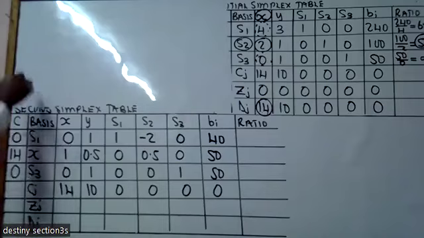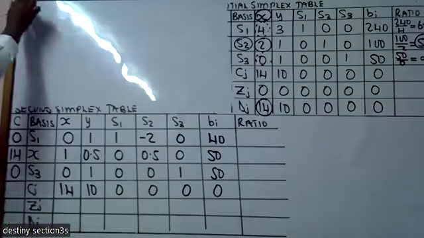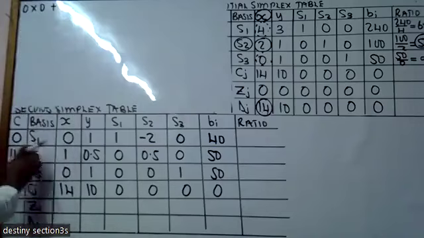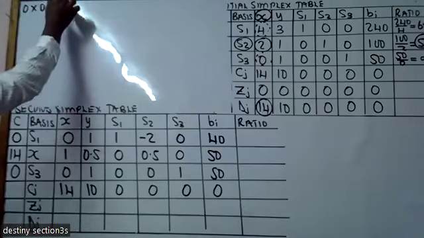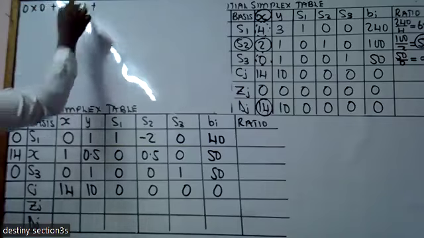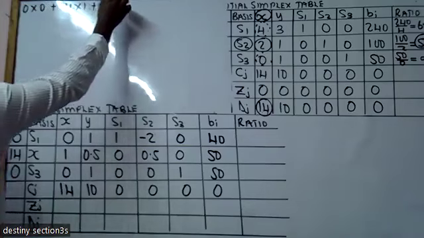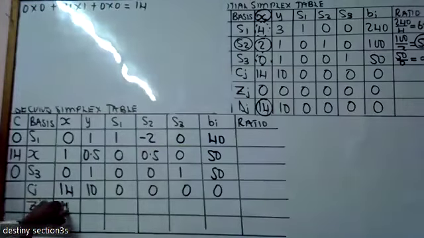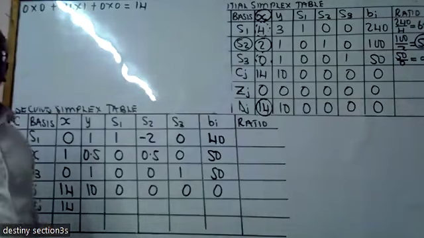Like now, here kwanza, it will be 0 times 0 plus 14 times 1 plus 0 times 0. And the answer obviously will be 14.